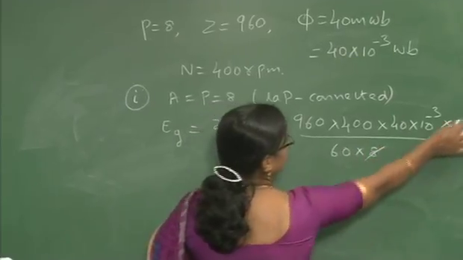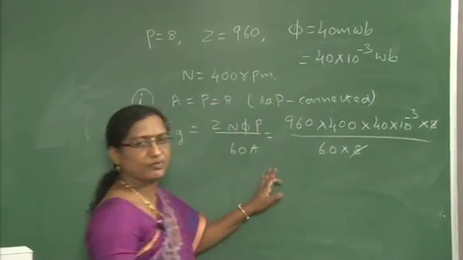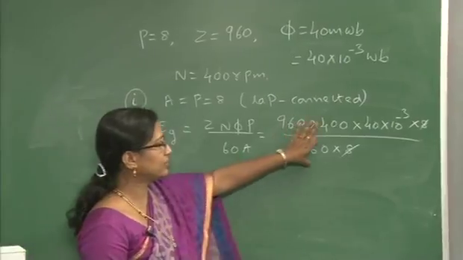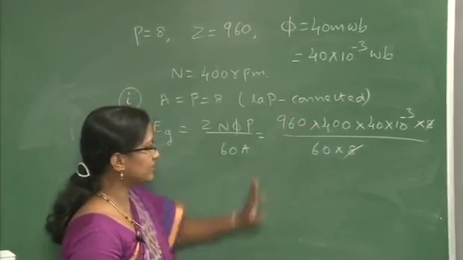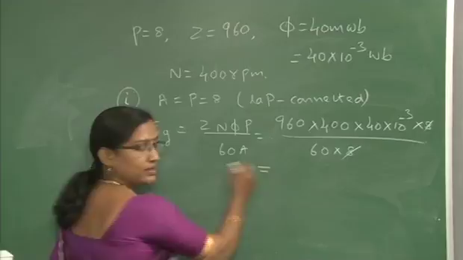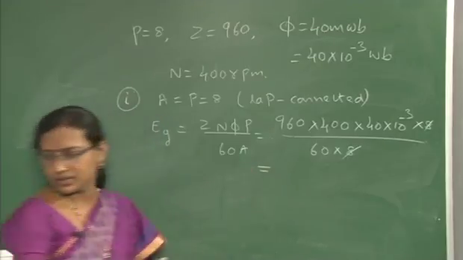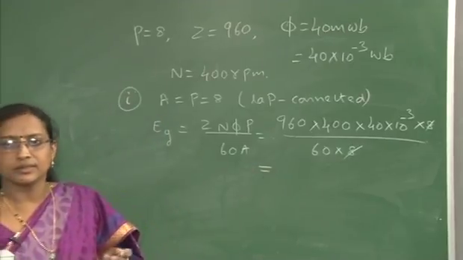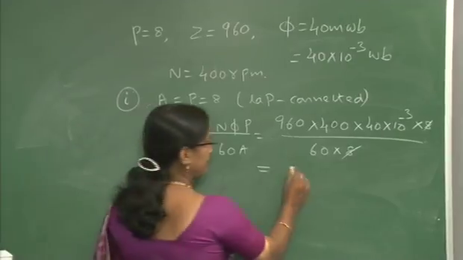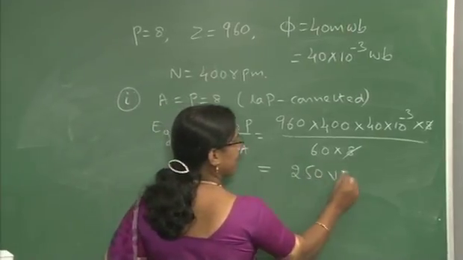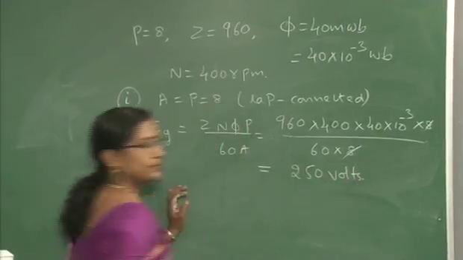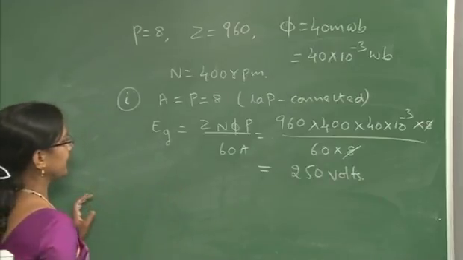Here you can cancel terms before itself to minimize the calculations, or otherwise you substitute. Then you are going to get the value Eg is equal to 250 volts. So, this is for the lap connected armature.